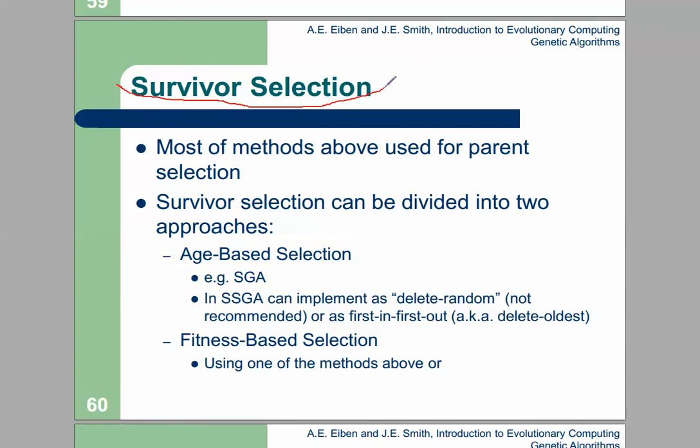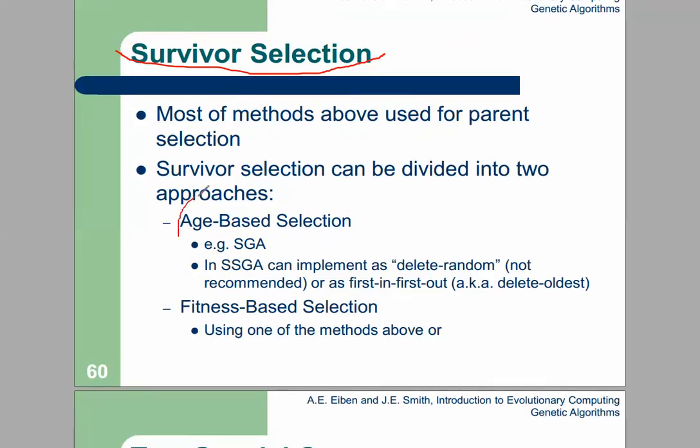Another selection in each EA is survival selection. Survival selection is most of the time based on age and also based on fitness. Survival selection based on age means that we delete parents or select offspring for the next generation.